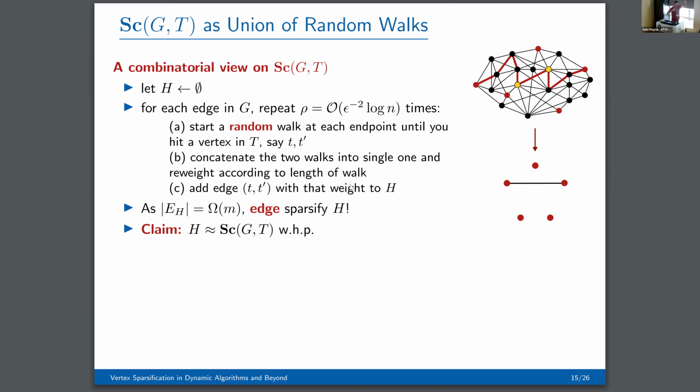Then you concatenate these walks, reweight it, and add it to the sparsifier as a single edge. Now the endpoints of this walk are going to be the terminals, okay? And then you repeat this for every edge. You take another edge, do a random walk from one endpoint until you hit the terminal, do another random walk until you hit the terminal, then you add this edge.